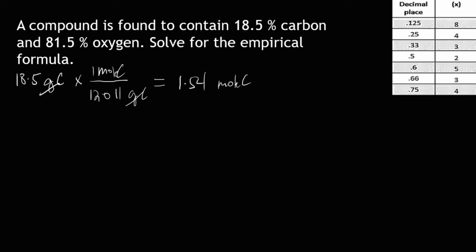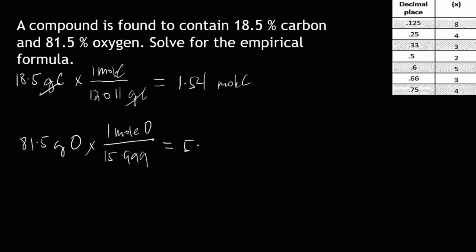Now let's do the second one. We have 81.5%, which instead of percent we write as 81.5 grams oxygen, multiplied by 1 mole oxygen over the molar mass, 15.999, which equals 5.09 moles of oxygen.